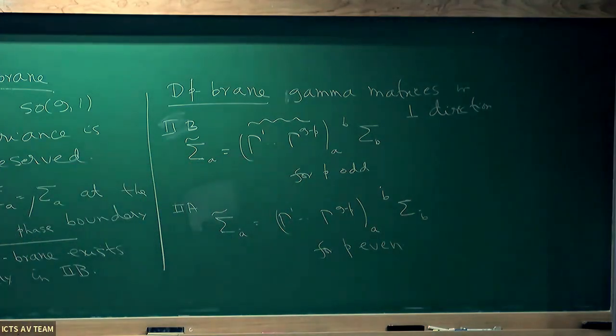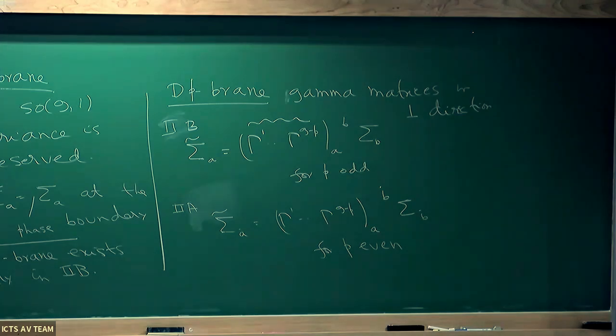Now, first of all, the fact that I have chosen gamma matrices in transverse directions is a matter of choice. I could have taken gamma matrices in the tangential direction. The reason is that the product of all the gamma matrices, gamma 0 to gamma 9, acts as identity on the spinor representation, either 1 or -1. It acts as 1 on A and -1 on A dot, because this is the analog of gamma 5 for the 10-dimensional gamma matrices, and these are chiral spinors. So this product has a fixed value, either 1 or -1, depending on what representation you are using.